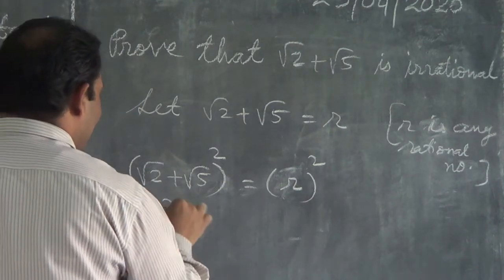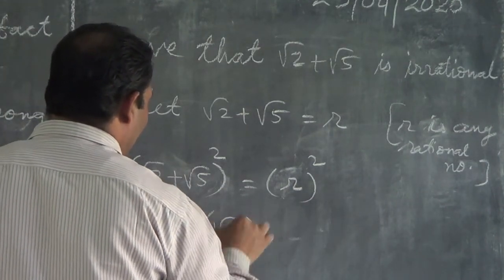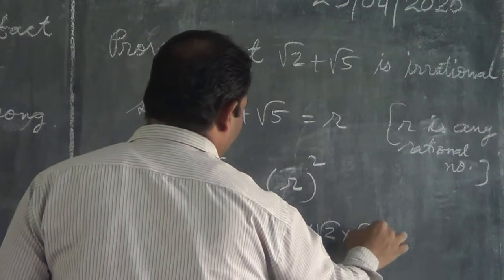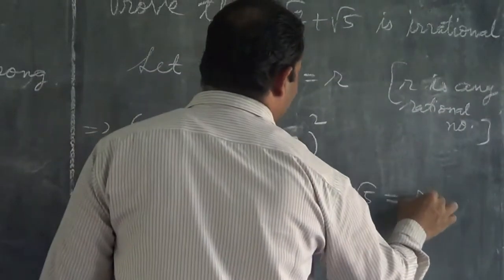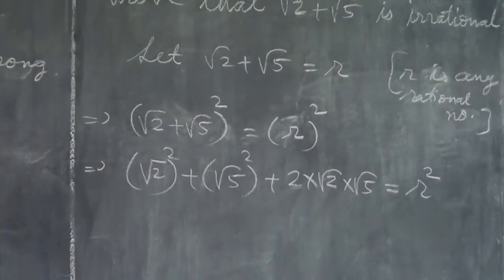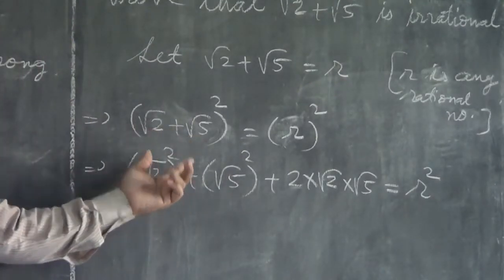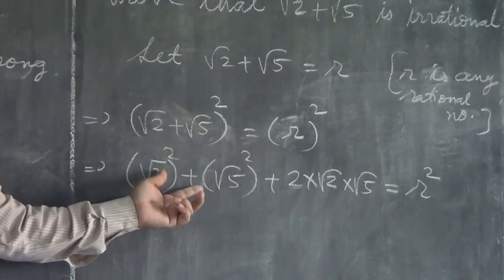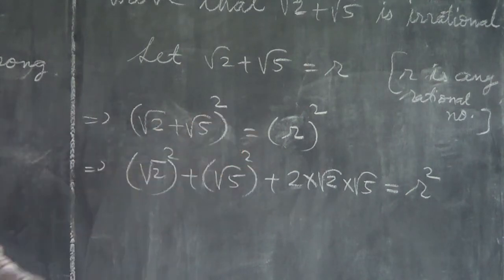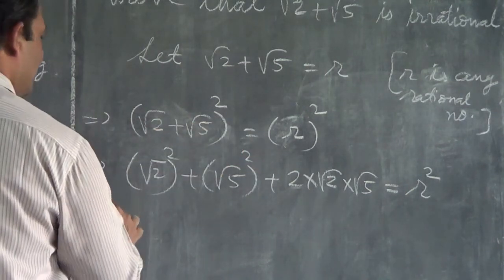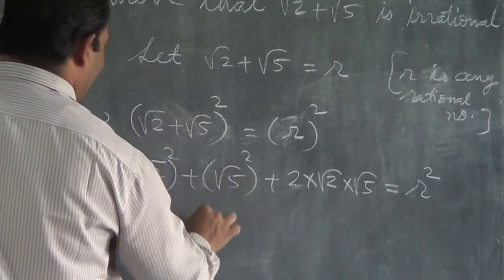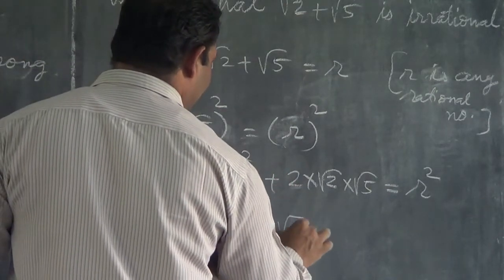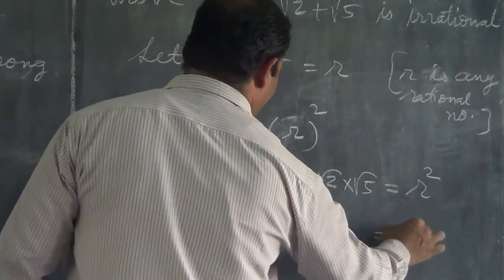Root 2 whole square plus root 5 whole square plus 2 into root 2 into root 5 equals r square. Squaring both the sides, and here I have applied the identity a plus b whole square formula. I have applied a square plus b square plus 2ab. That implies 2, and here I will get 5, and here I will get 2 root 10 equals r square.